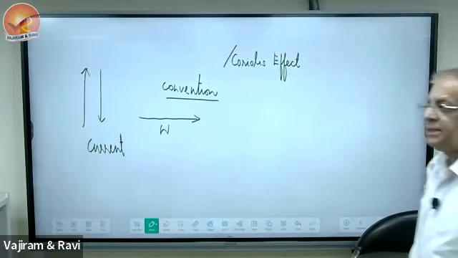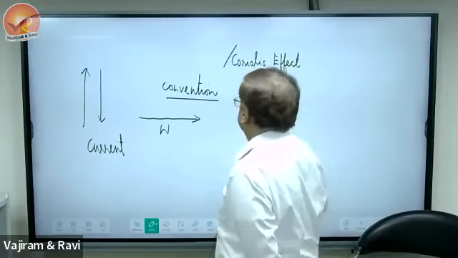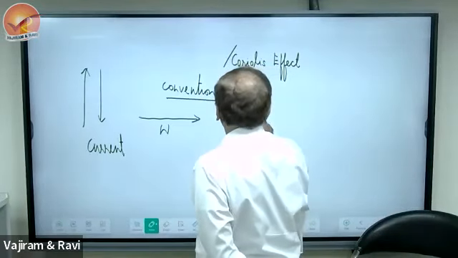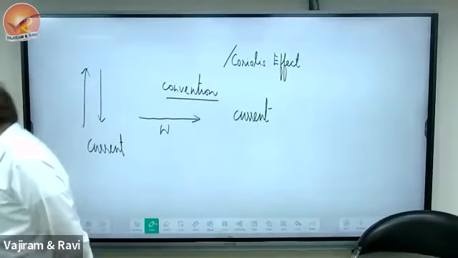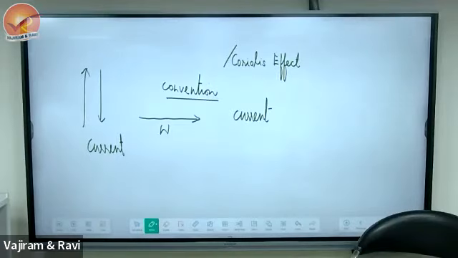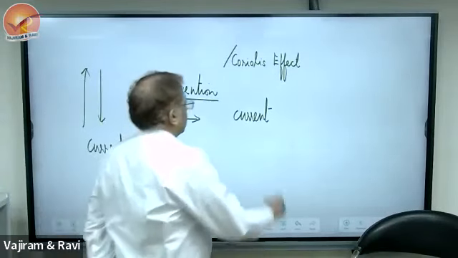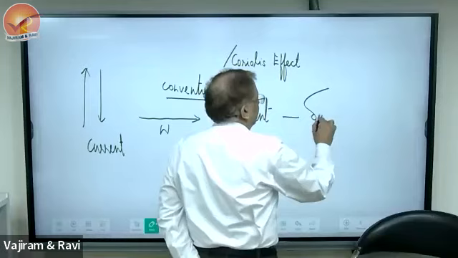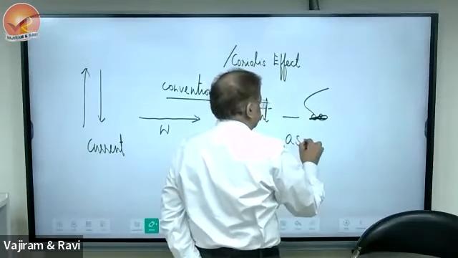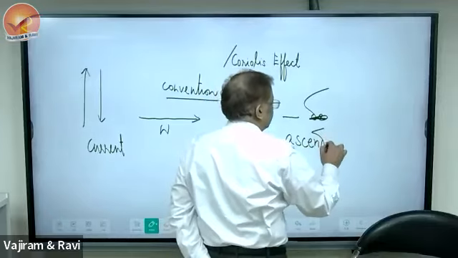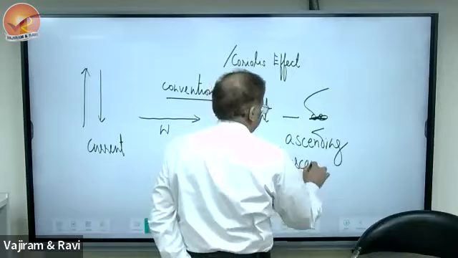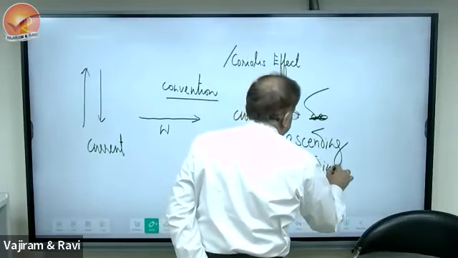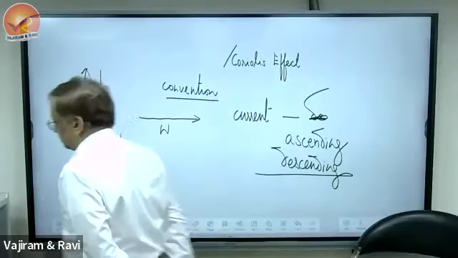Next point. The vertical movement of air is called current. There are ascending and descending currents.